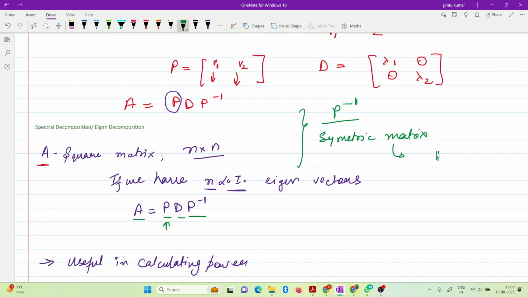So for a symmetric matrix, if you construct a matrix out of its eigenvectors, that matrix is an orthogonal matrix. Then to find P inverse, you can just do P transpose. Now, for any arbitrary matrix, you need to go through all the steps of finding the inverse that you probably learned in class 11th or 12th. Was I clear?